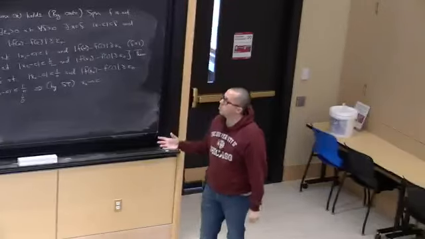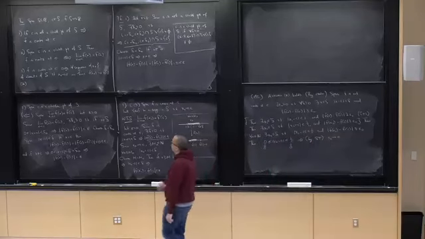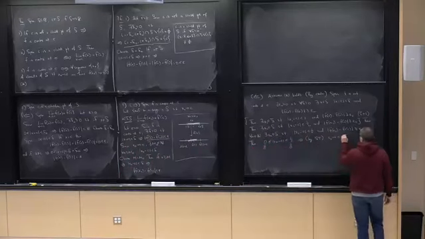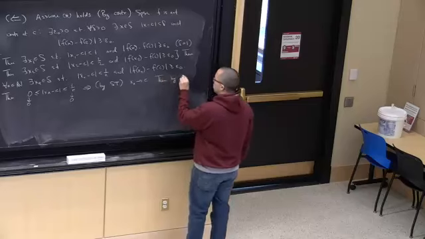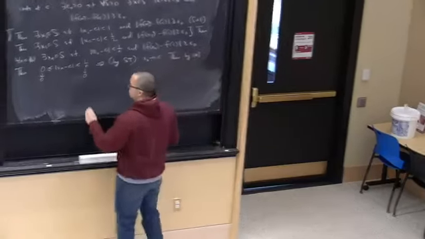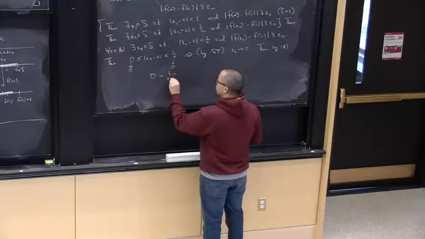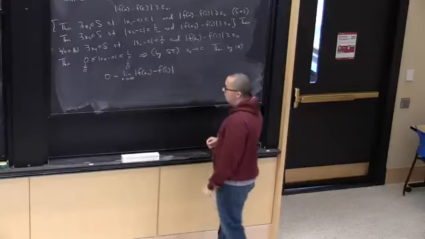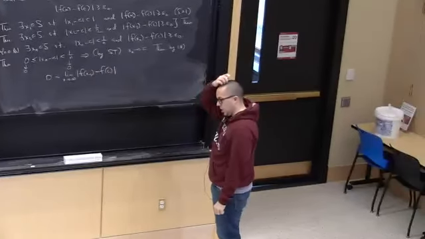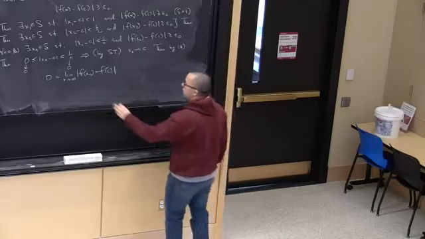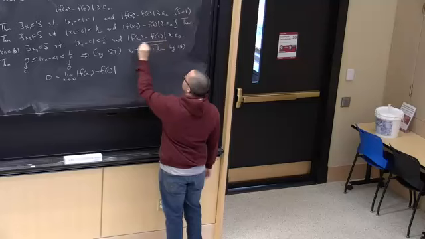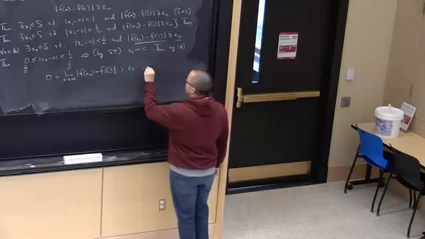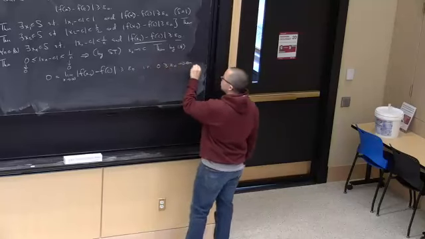Now, since we're assuming star holds, that's the right side of 3 of the if and only if, it must be the case that f of x of n converges to f of C. That's what star tells me, that if I take a sequence converging to C, f of x of n converges to f of C. But each one of these, remember, is bigger than or equal to epsilon 0, which is a contradiction.